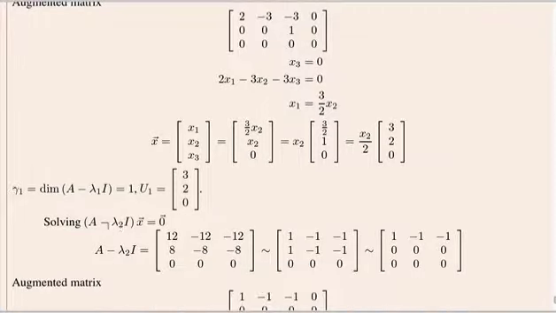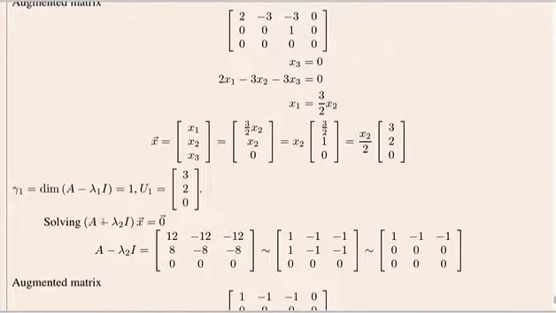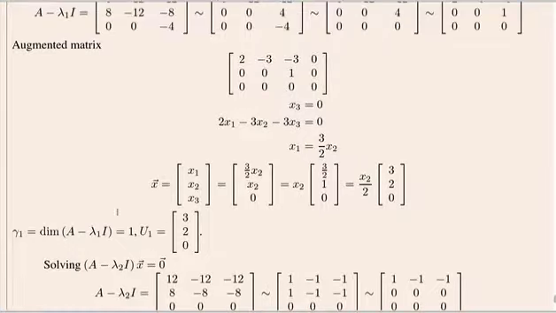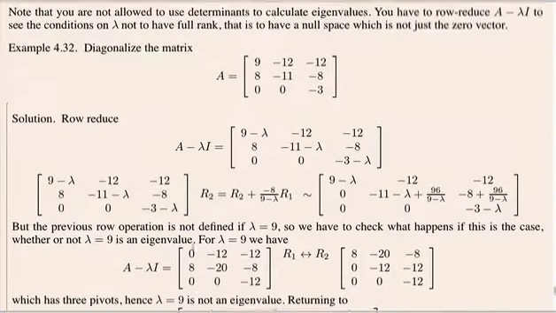Then we go to the next eigenvalue, lambda 2, which was minus 3, and consider A minus lambda 2 I x equals 0. So for that, again, we consider the matrix A minus lambda 2 I, and we're going to do a row reduction to get upper echelon form. So we have to subtract minus 3, which means we have to add 3 to the diagonal entries of the original matrix.